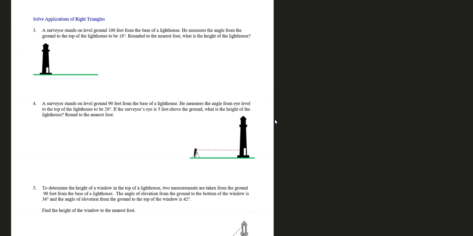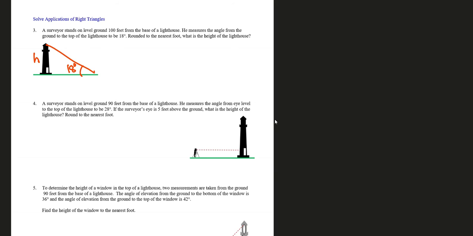So let's say this is the height, this is H, and the surveyor is somewhere here, and let's say the angle created here is 18 degrees.